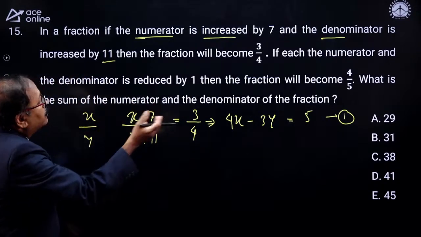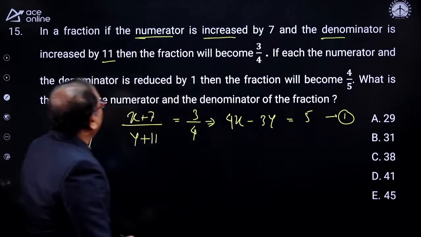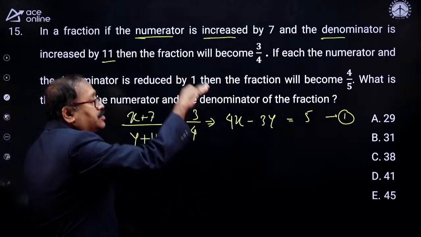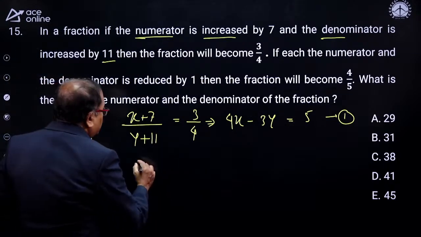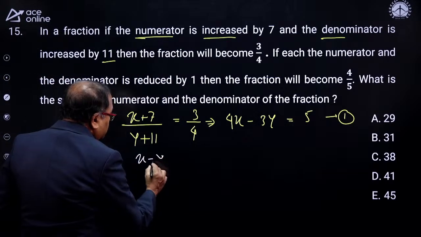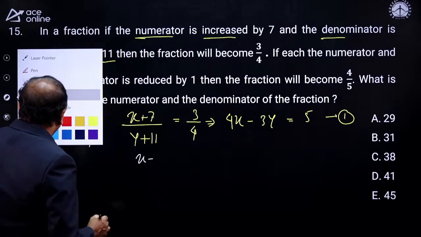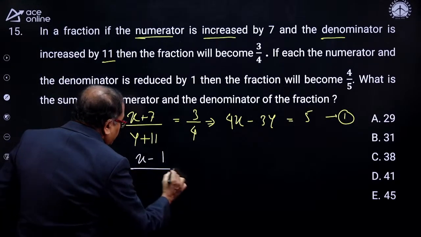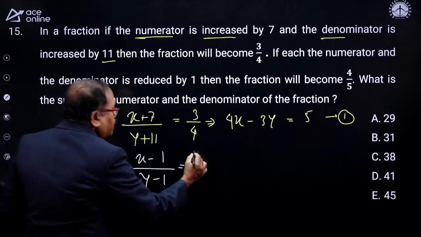Okay. Now you have another piece of information saying that if both the numerator and denominator are reduced by 1, so here it is x minus 1 and y minus 1, now the fraction becomes 4 by 5.